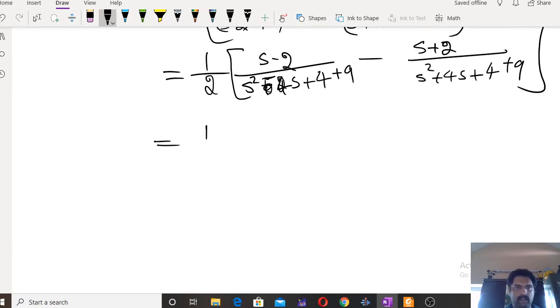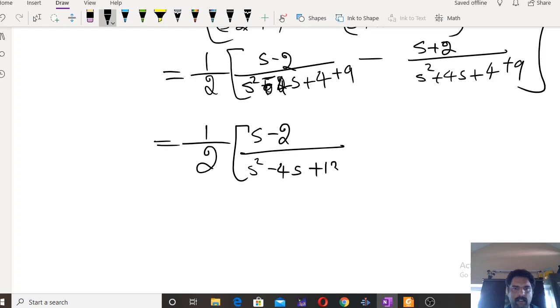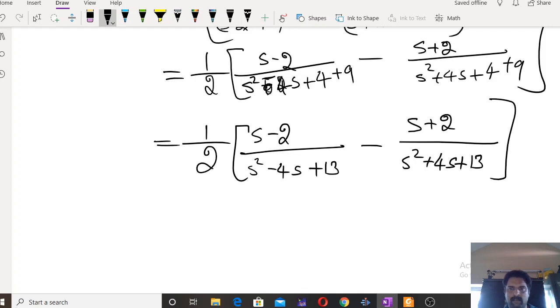Anyway, this is equal to 1 by 2 into s minus 2 divided by s square minus 4s plus 13 minus s plus 2 divided by s square plus 4s plus 13. This is enough, I think. If you are interested, you can take the LCM and simplify. Sometimes it may lead to a beautiful form, otherwise the simplification is not much necessary.